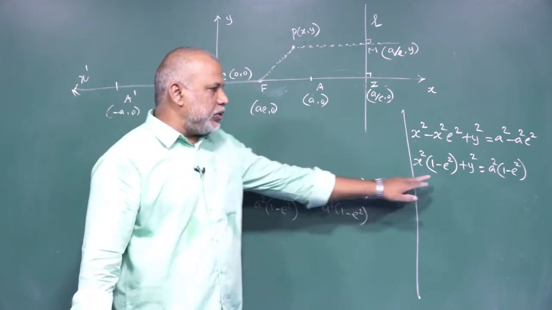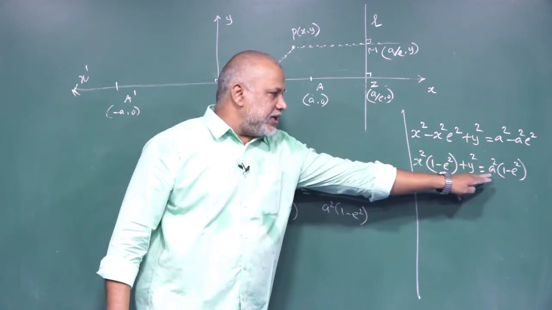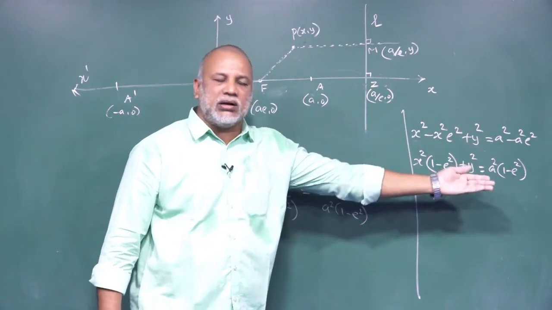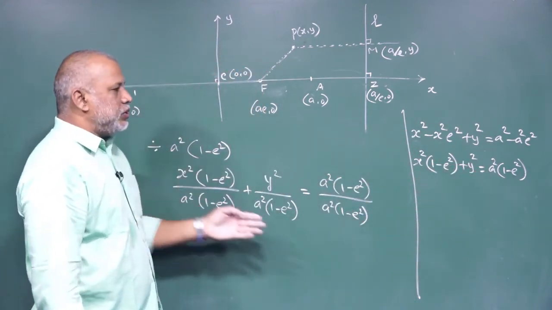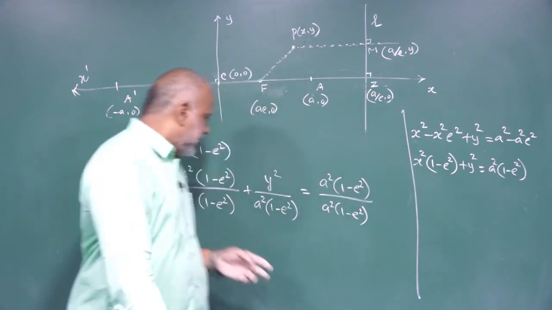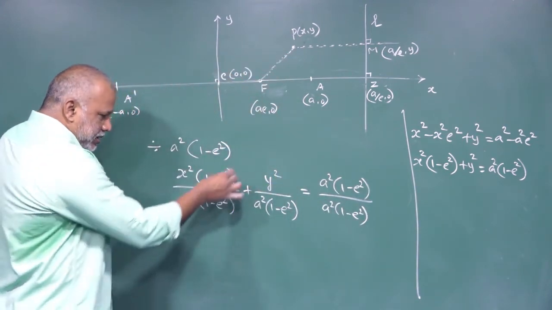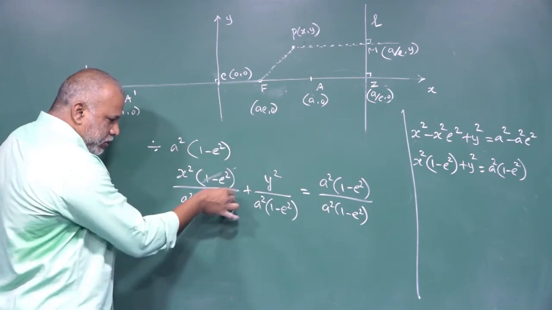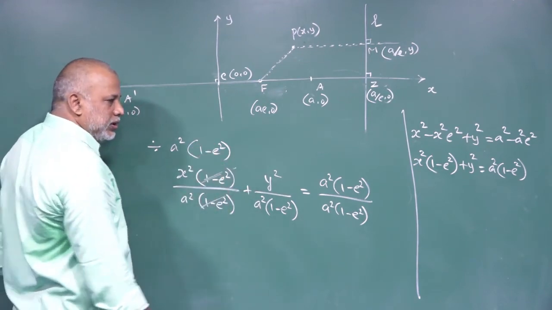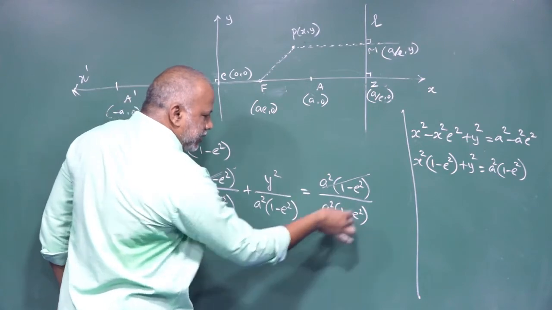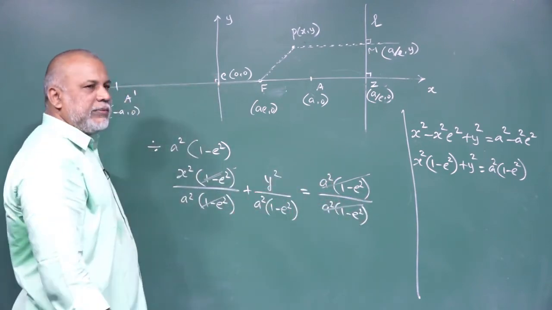That means I want to divide by the constant a squared (1 minus e squared) on the RHS. Each element should be divided: the first element, second element, third element. See here, 1 minus e squared in the numerator and denominator will be removed. A squared of 1 minus e squared, then again a squared of 1 minus e squared will be removed.